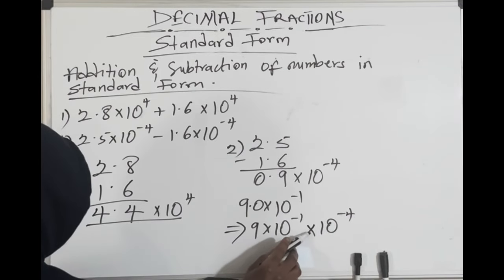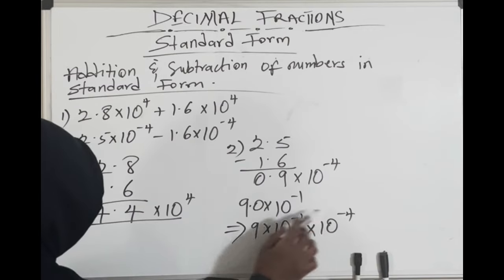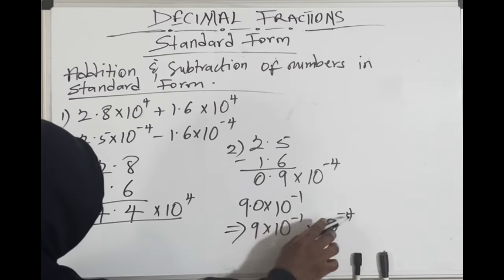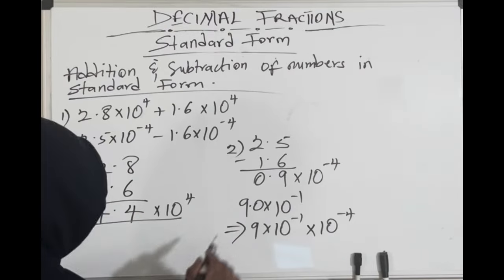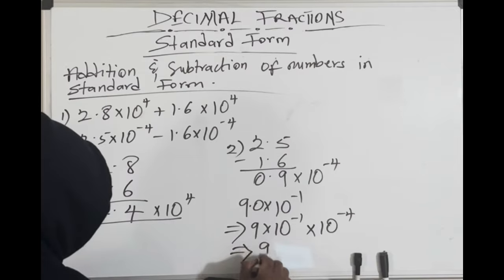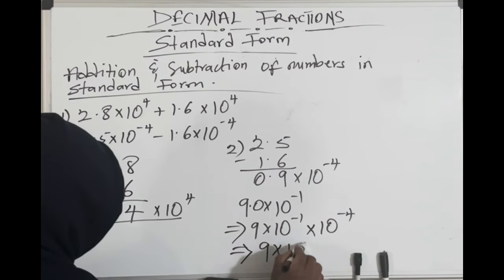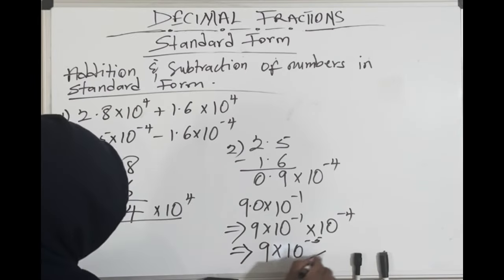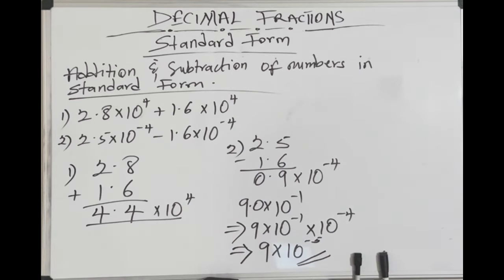Why? Because it's a multiplication sign. If it was a division sign, we would have subtracted. Okay, so let's add. 1 plus 5 is 5, negative plus negative is what? The same negative. Okay, so our final answer will be 9 times 10 raised to the power negative 5. This is in a standard form.